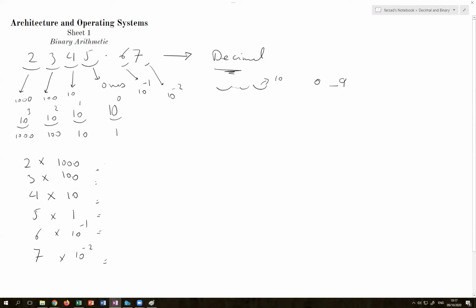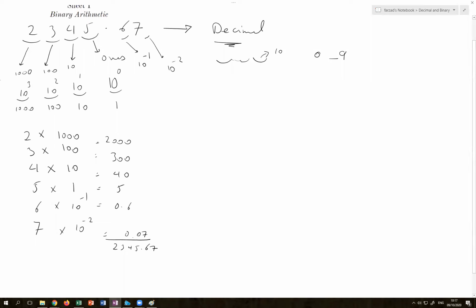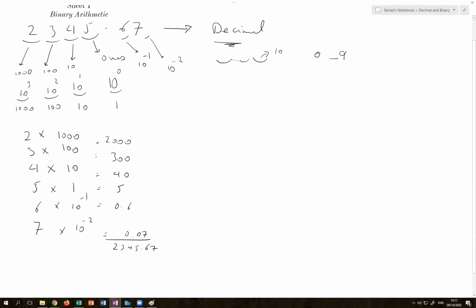So as you see here, let me add this number. This is 2000. This is 300. This is 40. This is 5. This is 0.6. And this is 0.07. If you add all of them, you get 2345.67. So in the decimal system, each of these places shows a power of 10.